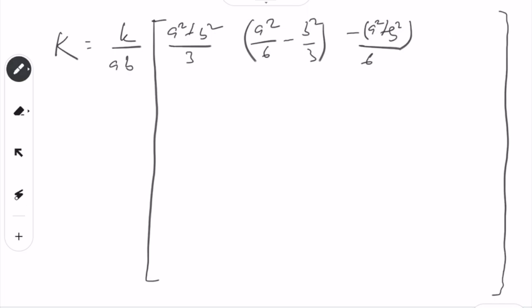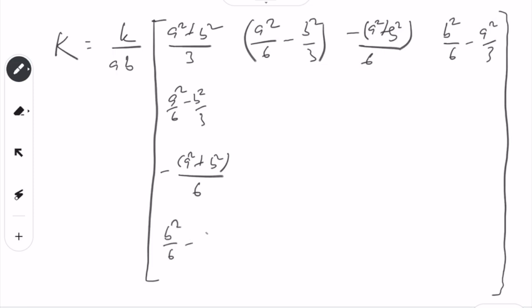So basically b square over 6 minus a square over 3. Okay, so we have that, and then we can make it symmetric. So we will have a square over 6 minus b square over 3, minus (a square plus b square) over 6, b square over 6 minus a square over 3. Done.